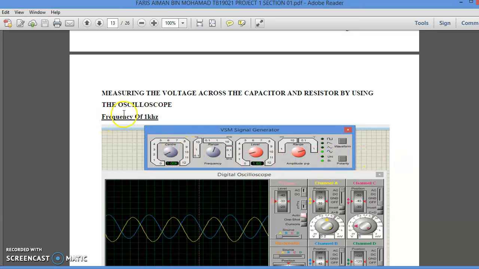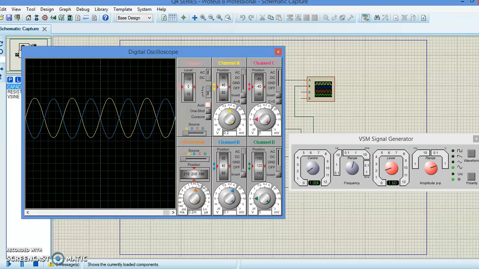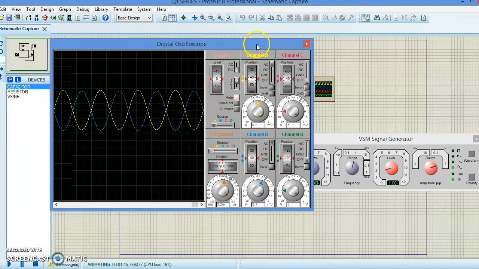For measuring the voltage of the capacitor and resistor by using the oscilloscope, I use the Proteus simulation. The circuit was like this, and the graph that I get is like this by 4 volt peak to peak.